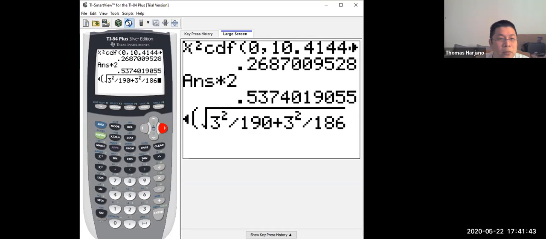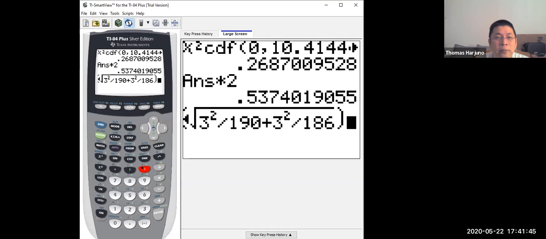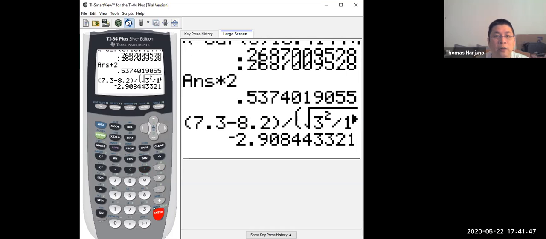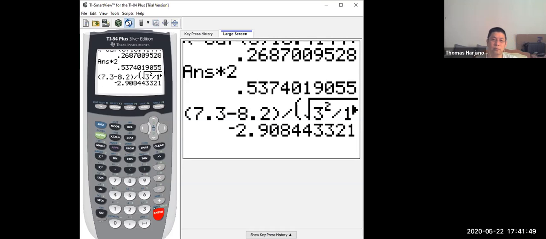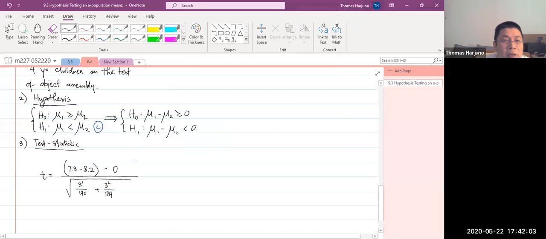Then close parentheses. And negative 2.90844. That's negative 2.90844.